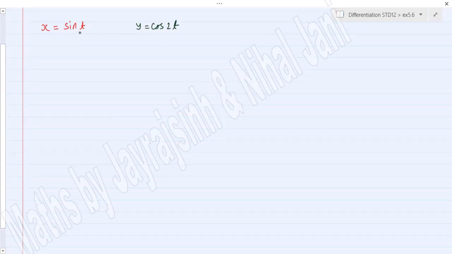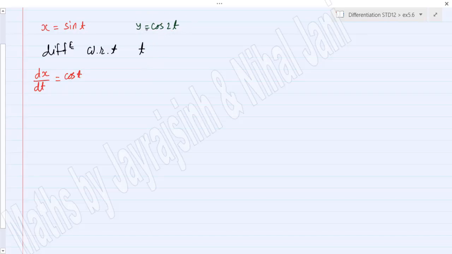Here we have x is equal to sin t and y is equal to cos 2t. So we have to differentiate both equations with respect to t. From the equation of x we will get dx upon dt is equal to the differentiation of sin t, which is cos t.